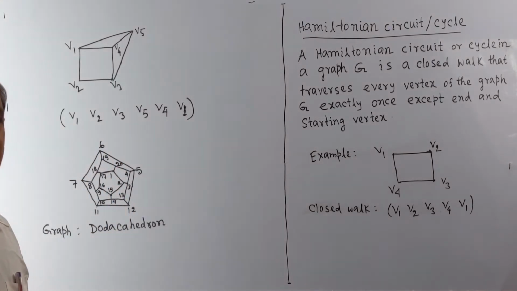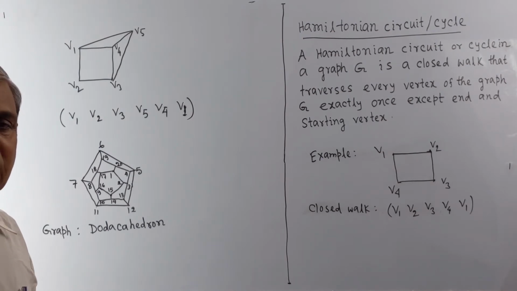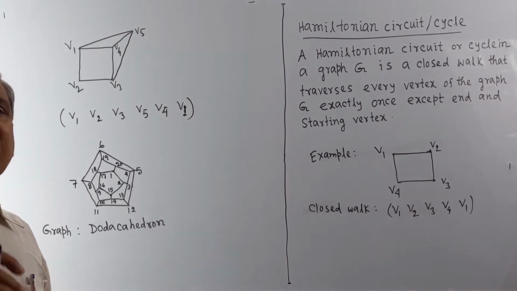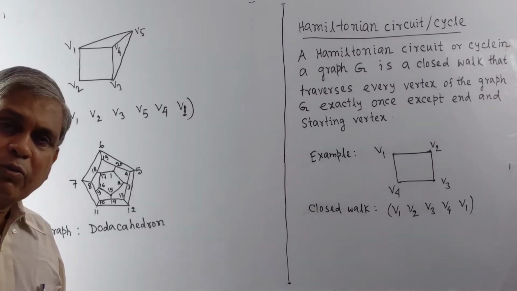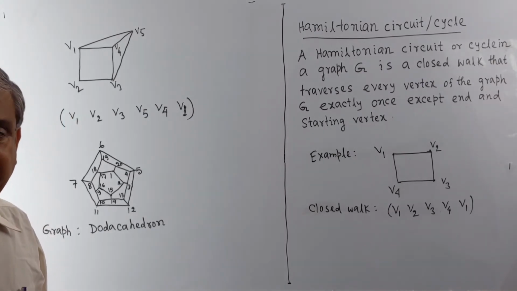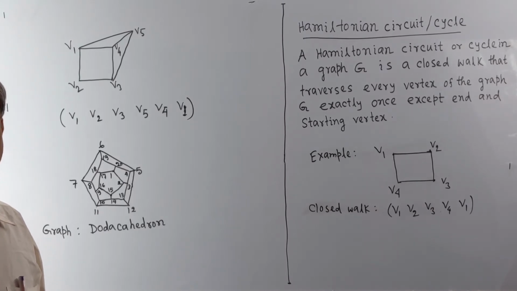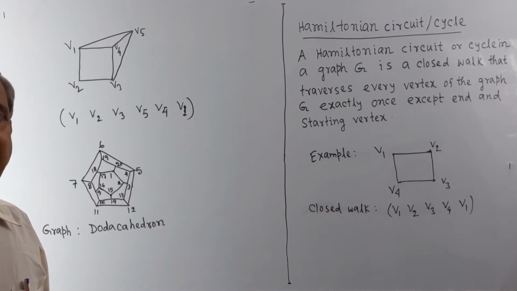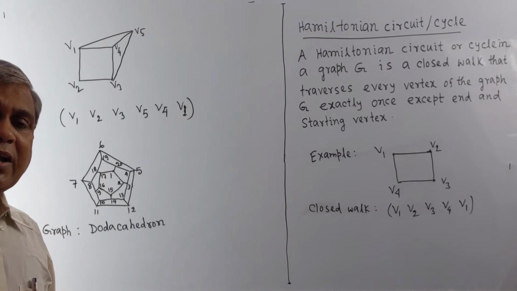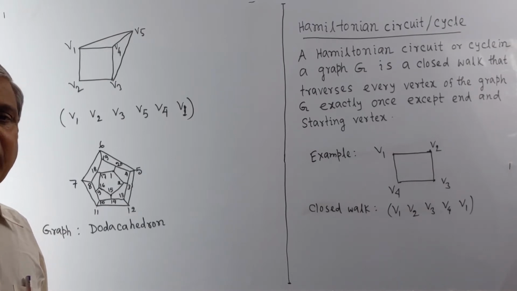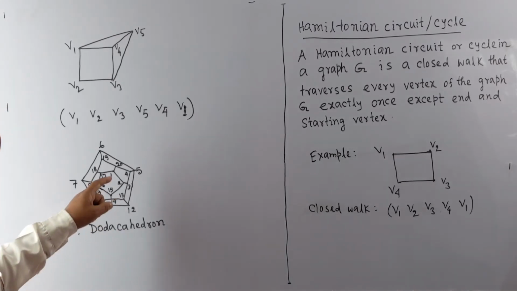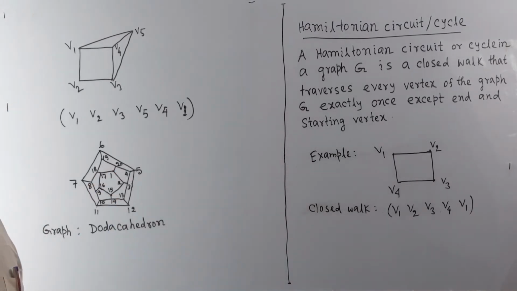Here we see that we have walked through each vertex exactly once, and we have not left any vertex during our walk. So we include all the vertices in this walk, and we walk through each vertex exactly once, except starting and end vertex 1. So this is a Hamiltonian circuit.